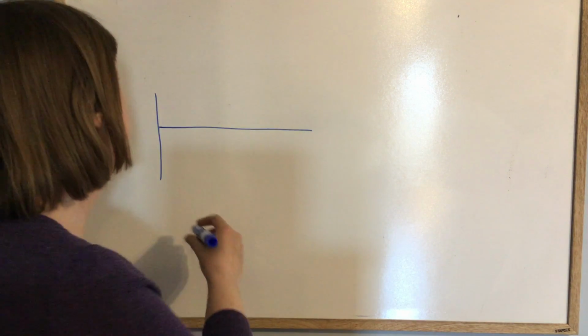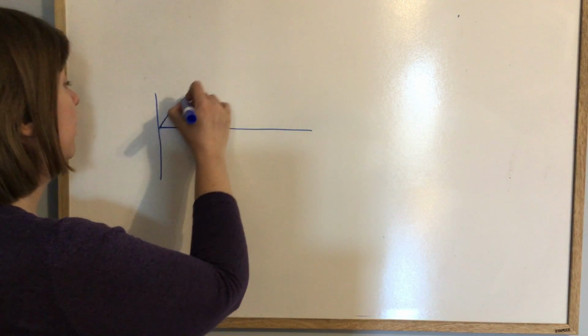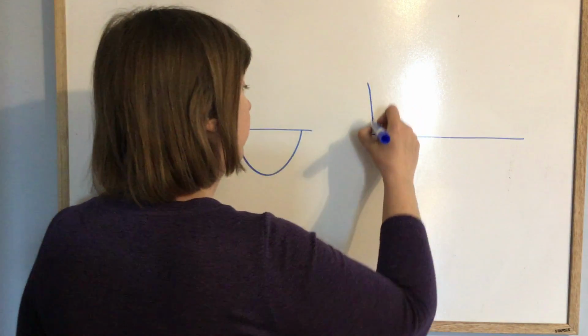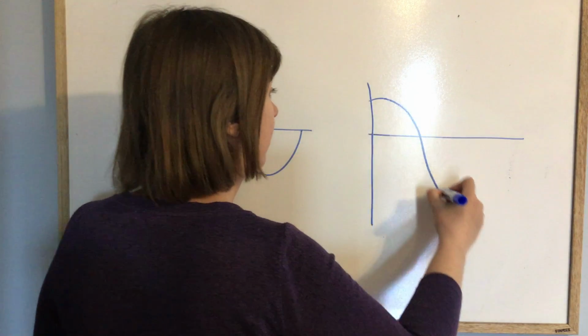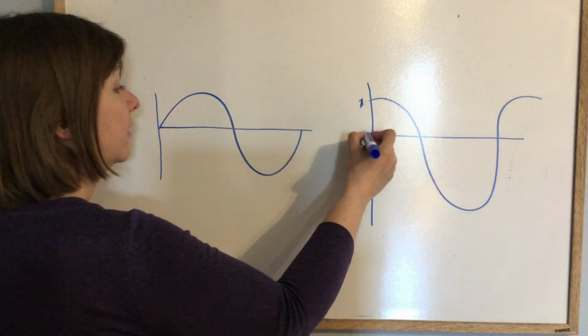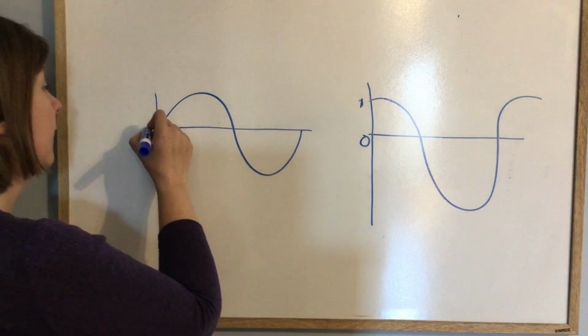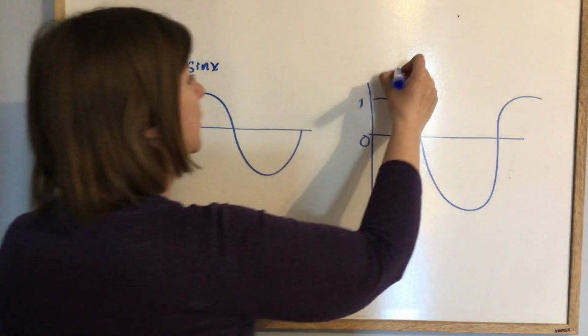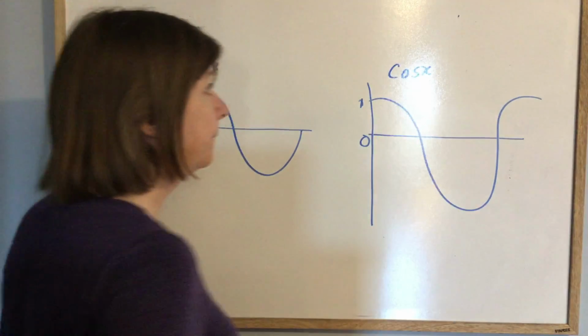If you can remember, a sine graph looks like this, and a cos graph looks like this, right? It starts at 1. At 0, it's 1. And this one, the sine wave, at 0, it's 0. All right?